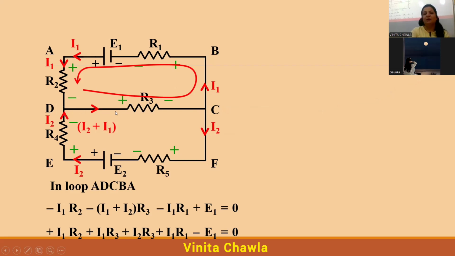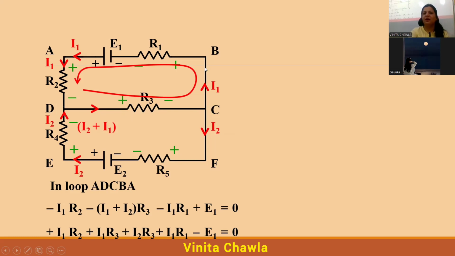Current is I1 plus I2 and resistance is R3. So current multiplied by resistance gives potential difference. Here also current is I1 and resistance is R2, so I1 R2 is the potential difference. And here I1 plus I2 into R3 is the potential difference, because in this wire the current is I1 plus I2 and resistance is R3.